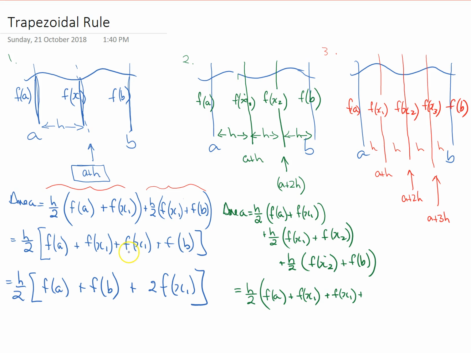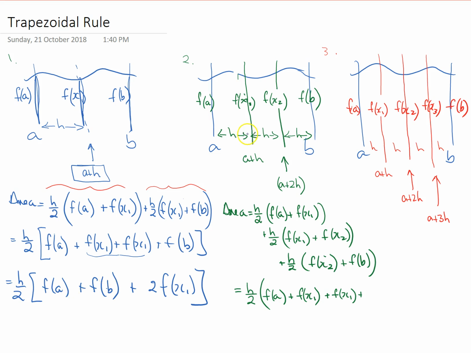What do you notice? This is the pattern thing. Hopefully you notice there are two of those, and I'm going to write it as h on 2 outside of my f of a and my f of b, because I know the pattern, and two of those, which I've strategically placed here.